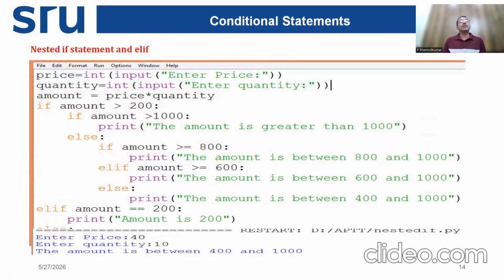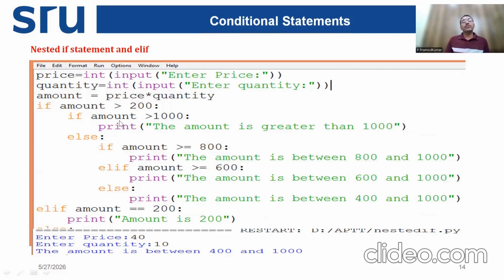Yeah, this is nested if statement and else if. The meaning of this is we can write if in if as well, else if in if. If you look at this example, here I have written if inside if. The if amount greater than 1000 is the inner if. If amount greater than 200 is the outer if.